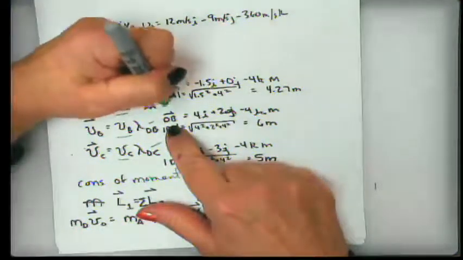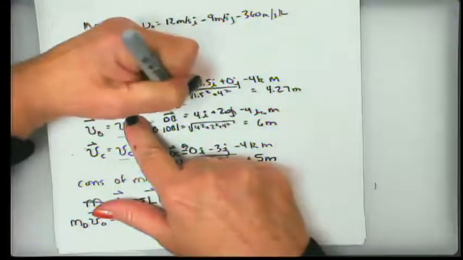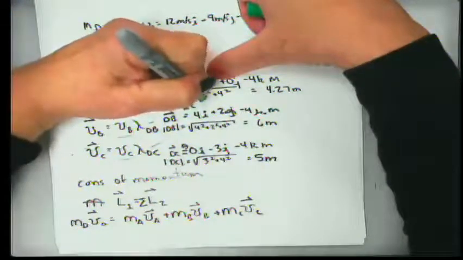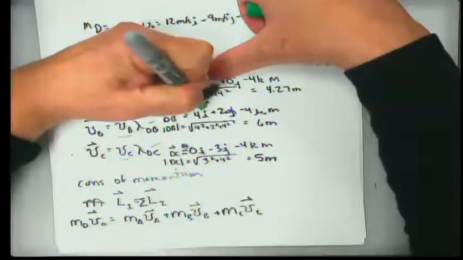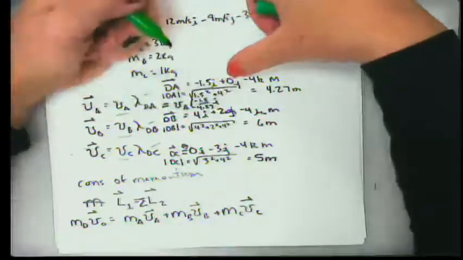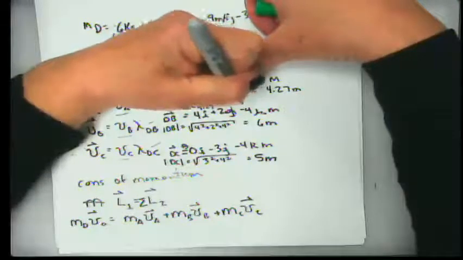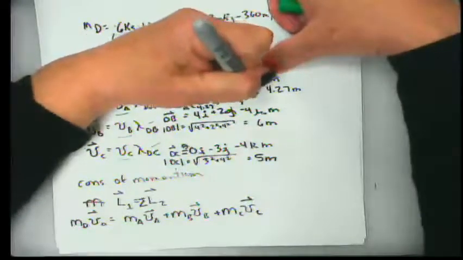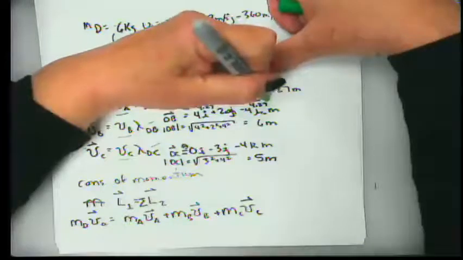So vA as a vector is equal to vA, magnitude, times the vector negative 1.5 over 4.27 i plus 0 j minus 4 over 4.27 k.